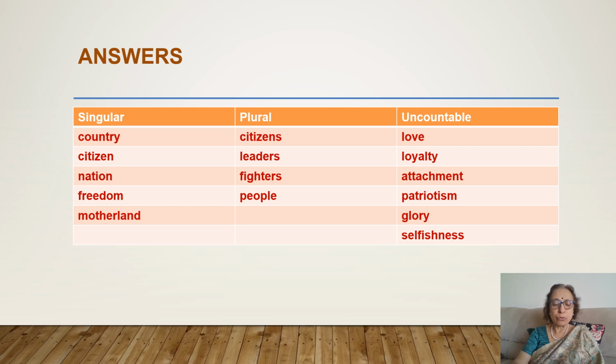Fighters comes in the plural form. The freedom fighters who worked for freedom have brought glory. Glory is non-count. It has gone into the last column. And to themselves and the motherland. The motherland is singular, so you can put it there.